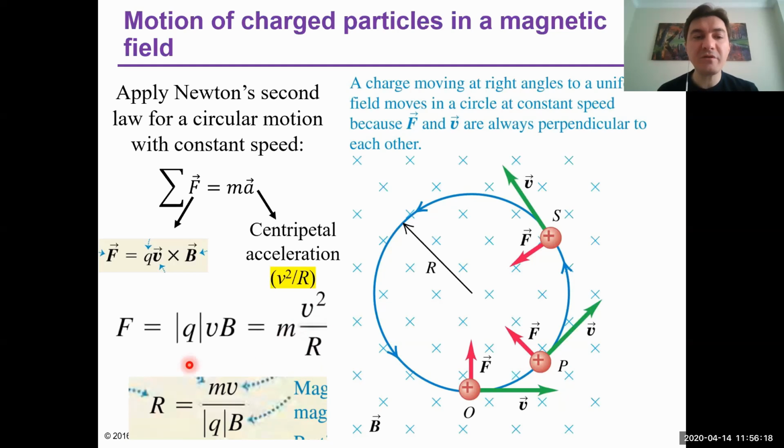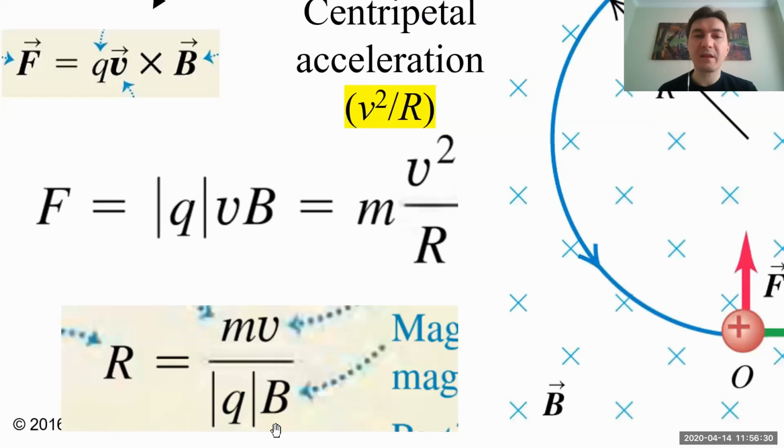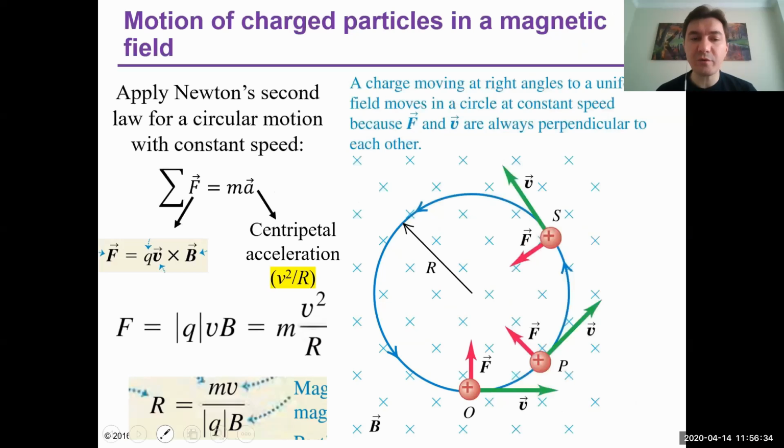Then by using that expression, this v cancels one of the v's, and then the radius of that circle is given by r = mv over qB, okay? So this formula is very important and very useful. Don't forget this one, okay? Very easy to get that formula.